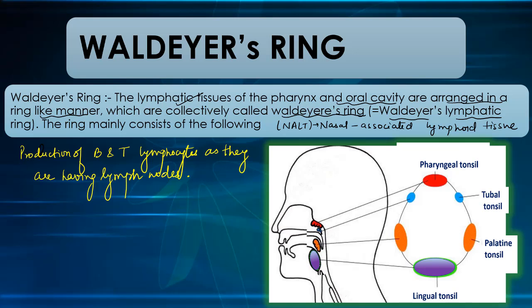Understood? Production of B and T lymphocytes can be seen in these tonsillar regions because they are associated with lymphoid tissues, nasal associated lymphoid tissues.